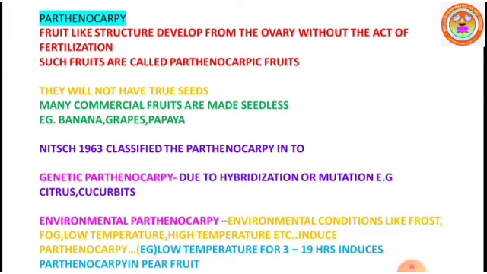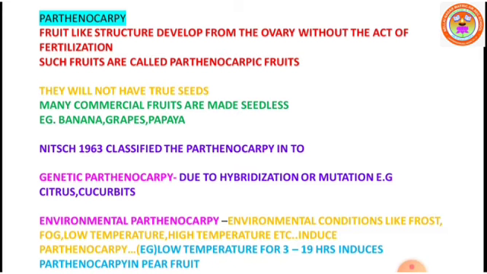Environmental parthenocarpy, the second type. Environmental parthenocarpy means the condition of the environment is not favorable for the plant to go for the usual process of reproduction. So in their flower, the ovary directly develops into the fruit. It is called environmental parthenocarpy, to avoid certain extreme conditions like frost, fog, very low temperature, very high temperature, or no water in the soil.